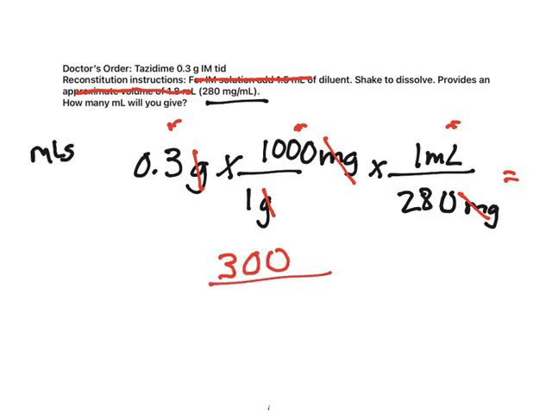Then we do the same for the bottom: 1 times 280 gives us 280. Then we divide 300 by 280, and you should get 1.071. But we're going to round to the nearest tenth, and that's going to give us 1.1 mLs.